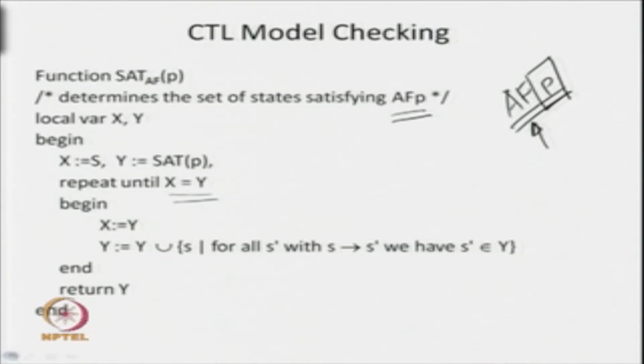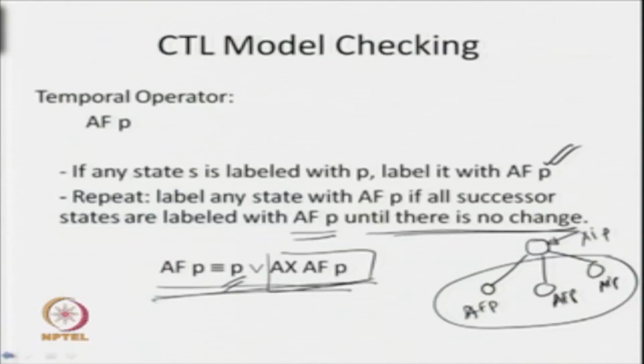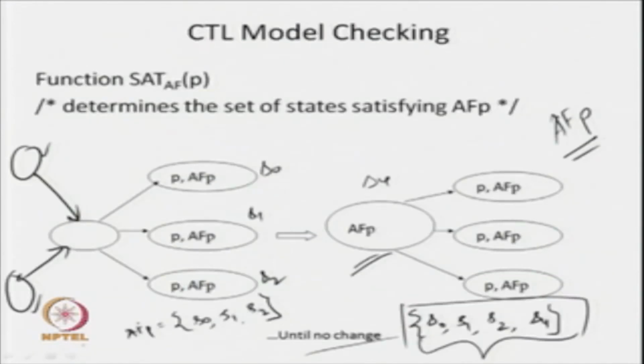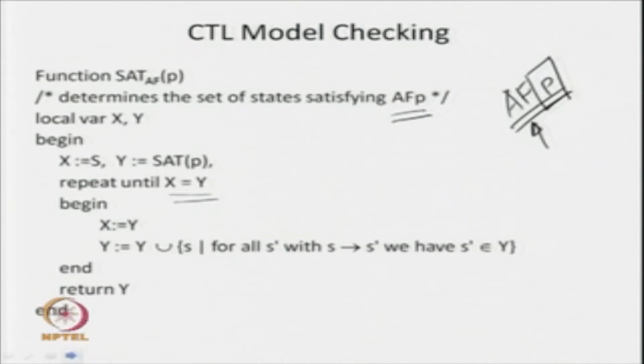This is according to my first condition: if any state S is labeled with P, then label it with AFP. So we get these initial states.